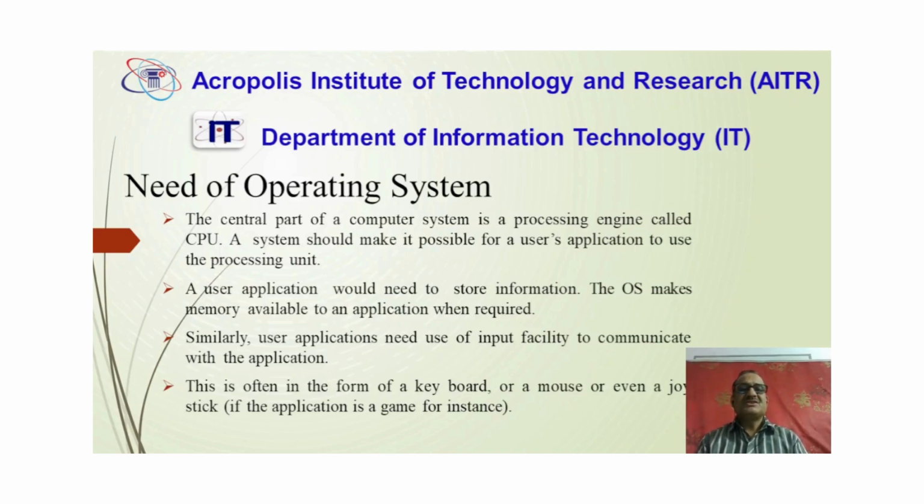A user application would need to store information, and operating system makes the memory available to an application as and when it is required. Similarly, user applications need an input facility to communicate with the application. So operating system provides that mediator. It works as an intermediary, so it also provides the input facility to the user.